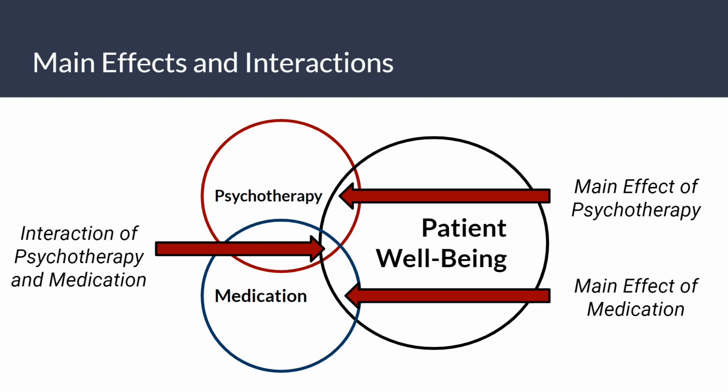You may be wondering right now, does it always follow that if there is an interaction, there's always a main effect? Well, not necessarily, because there are times when only one variable will have a main effect, the other doesn't have a main effect, but there is an interaction.